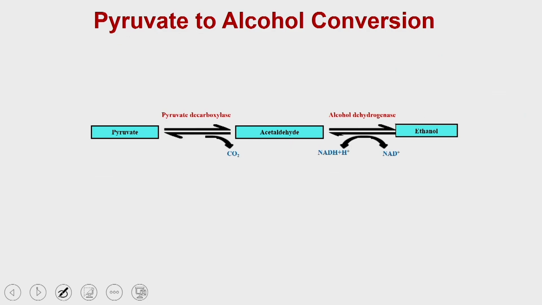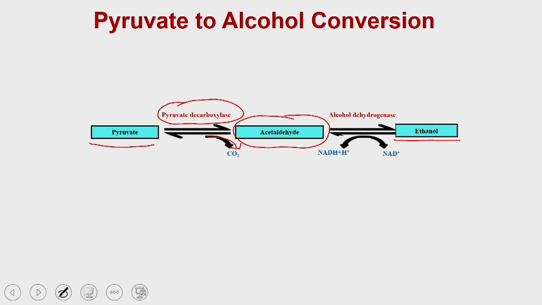In the second reaction, the pyruvate is getting converted into the alcohol or the ethanol. In this you have two different reactions which are coupled, and the first reaction is being catalyzed by the pyruvate decarboxylase. As the name suggests, it is going to remove one molecule of carbon dioxide from the pyruvate molecules, and that will generate one molecule of acetaldehyde.